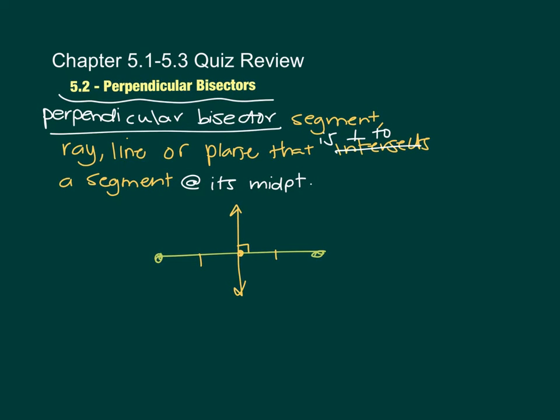And then we had something called the perpendicular bisector theorem, before we even put it inside a triangle. And what was the perpendicular bisector theorem? What's true about a point on the perpendicular bisector?